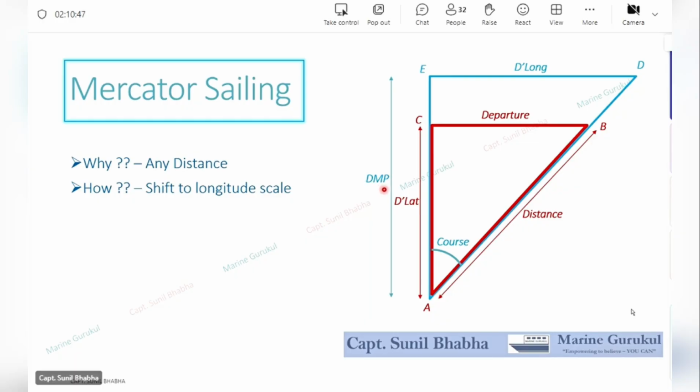Meridional part is basically 1 minute of longitude. So DMP between the initial and final position is basically the number of times 1 minute of longitude can be placed between our initial position and our final position.